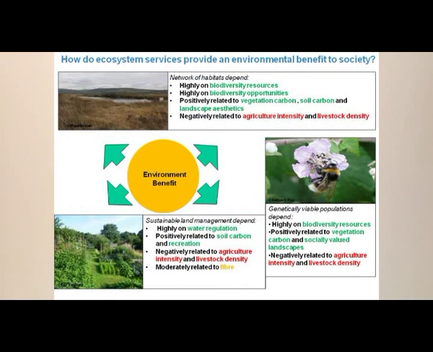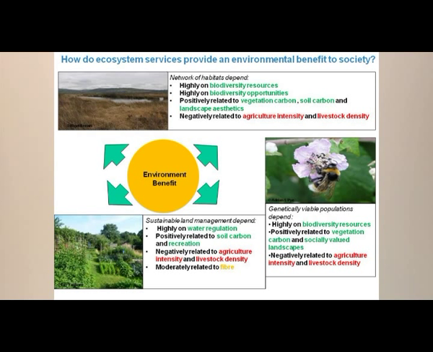So, how do ecosystem services provide an environment benefit to society? If we look at the network of habitats, we evaluated it as being highly responsive and highly positive based on biodiversity resource and biodiversity opportunities. Biodiversity resourcing not only considers such things as species density and diversity, but also looks at how long it would take a particular habitat to be restored after perturbation.